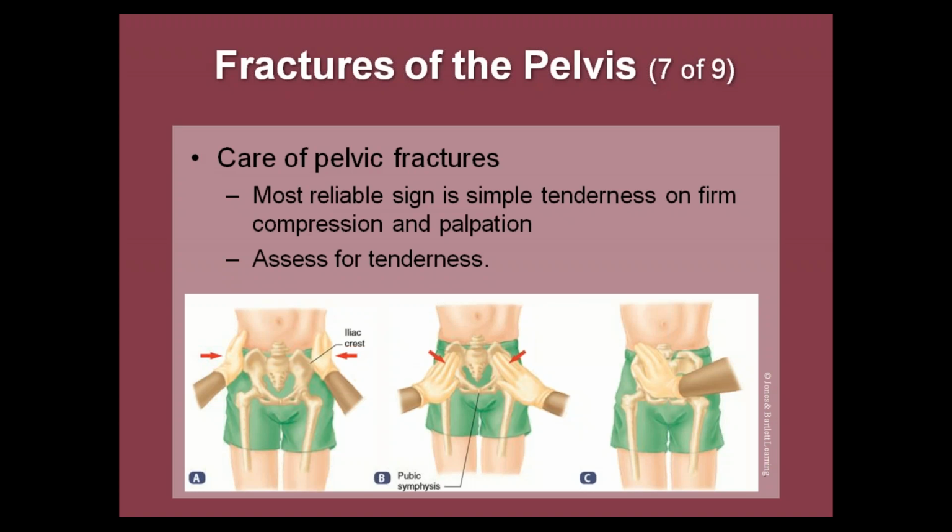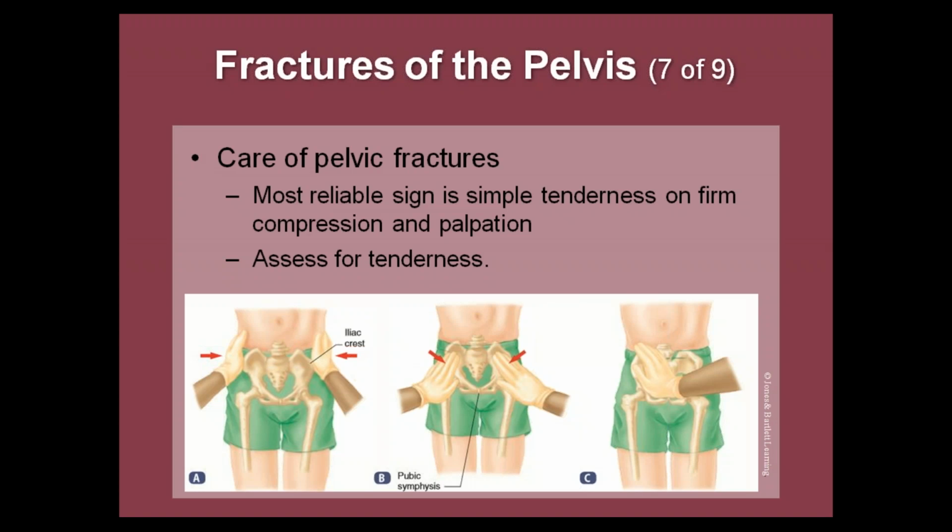The deformity or swelling may be difficult to see. If they're having some tenderness, again, you want to have a high suspicion. Be slow to palpate and try to use some firm pressure, but be cautious.